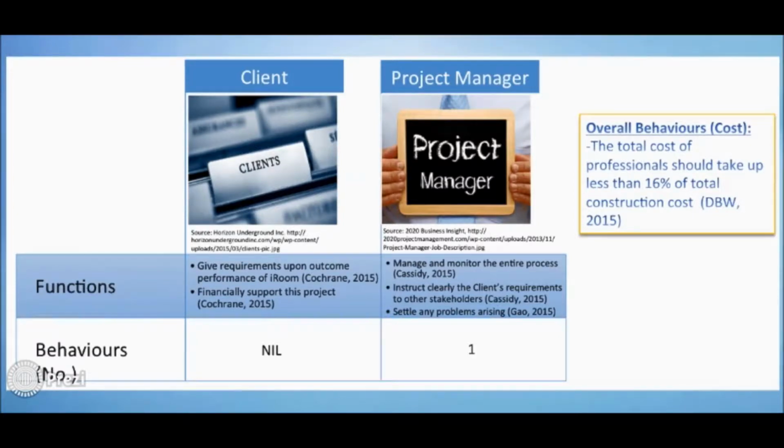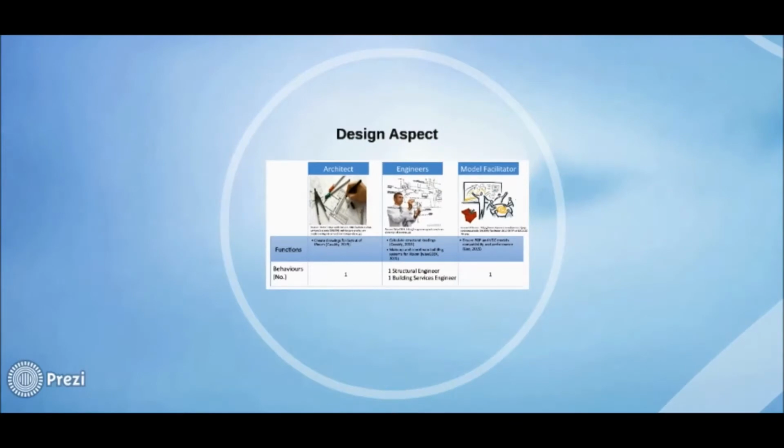Also, the client is financially supporting this project. Behavior is not applicable for the client. Then for the project manager, the function is to manage and monitor the entire process. He also needs to instruct clearly the client's requirements to other stakeholders. Also, he has to settle any problems arising from the project. The behavior of the project manager is 1.